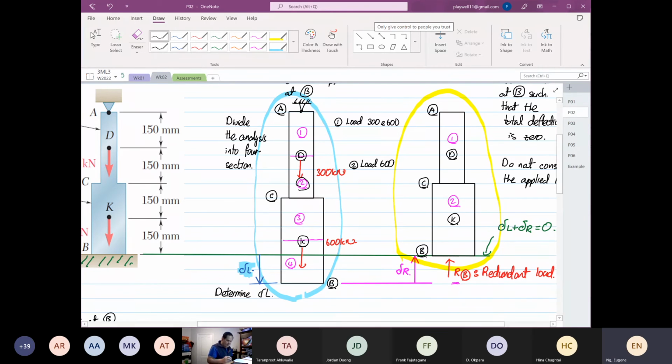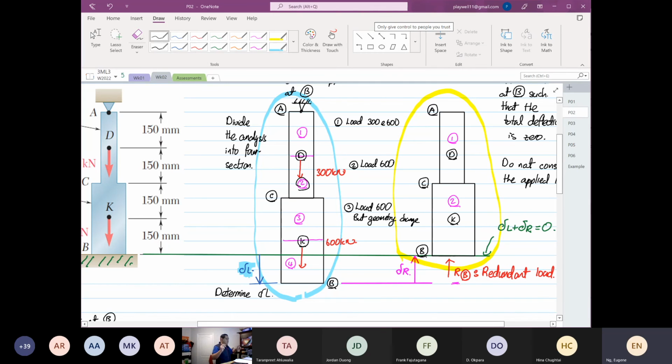At 3, the load is 600, but the geometry changes. What do you mean by geometry change?